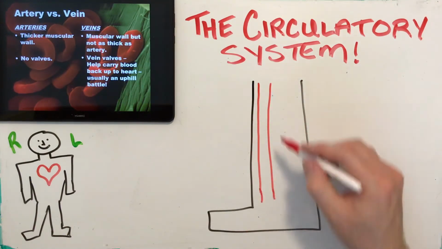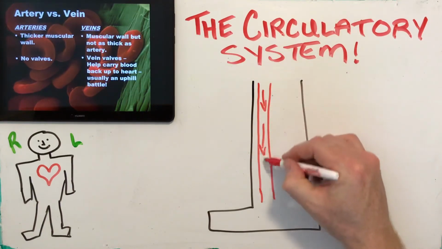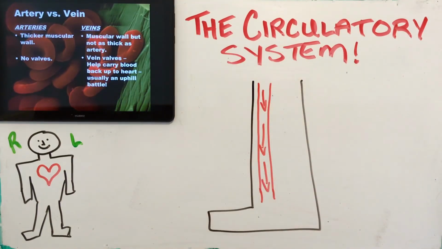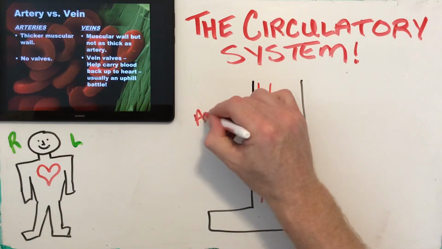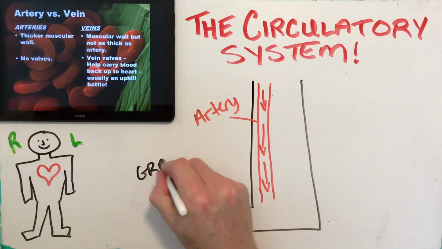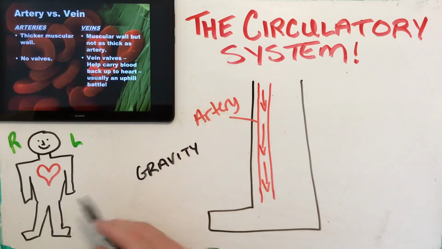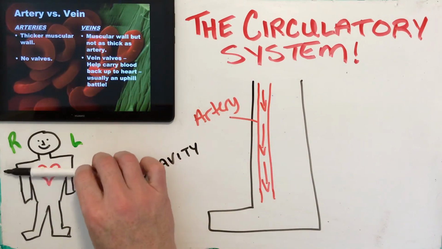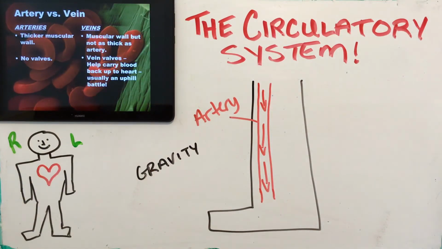An artery would come down and blood would just go boom, boom, boom. And it has no problem going down the way, right? This is our artery. And blood just drops down no problem, because who is helping the blood fall downward? Well, there's gravity. And if you look at where the heart is, if I put that marker there, the majority of our body gets blood flow assisted by gravity.